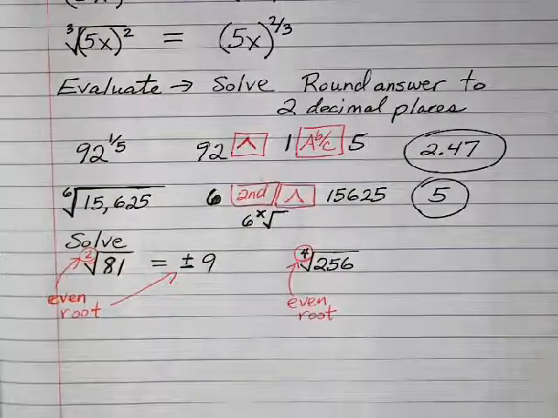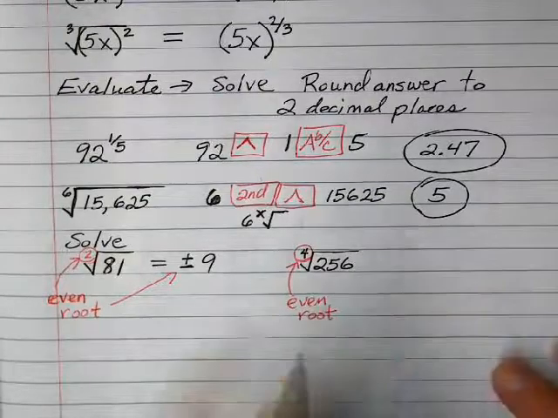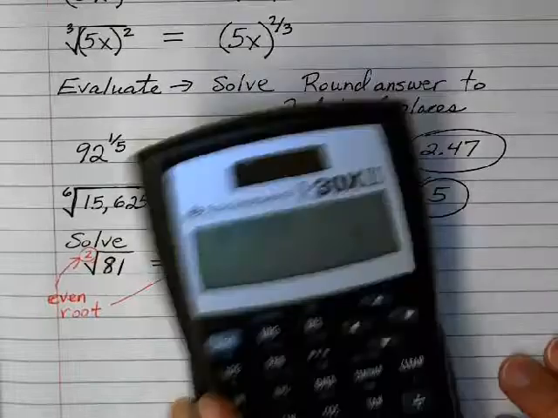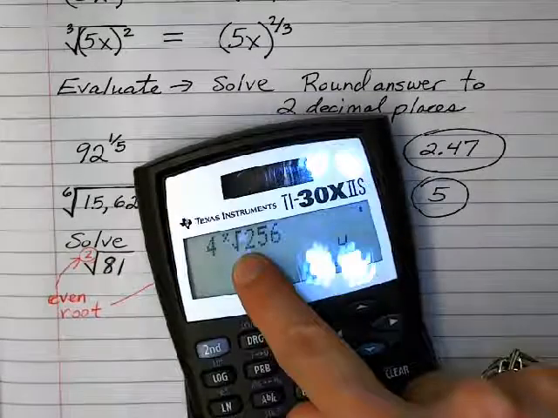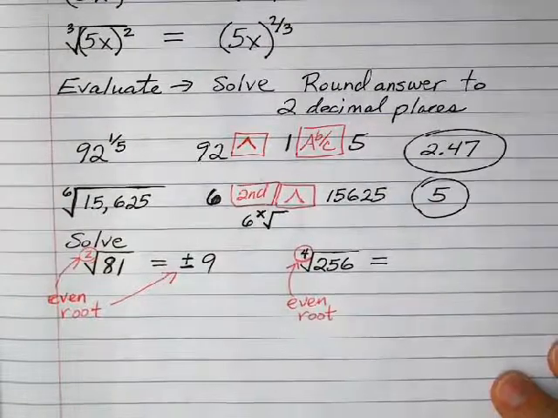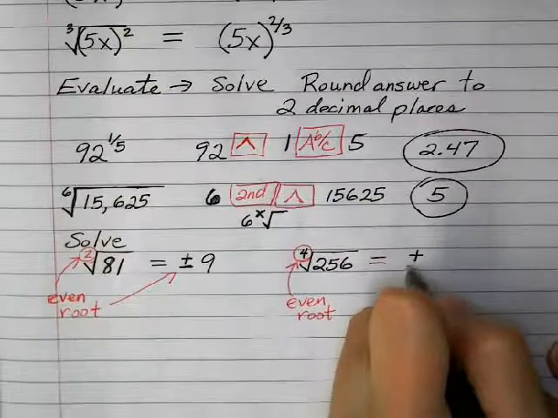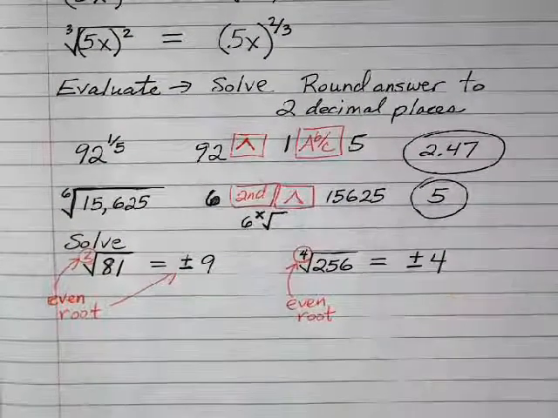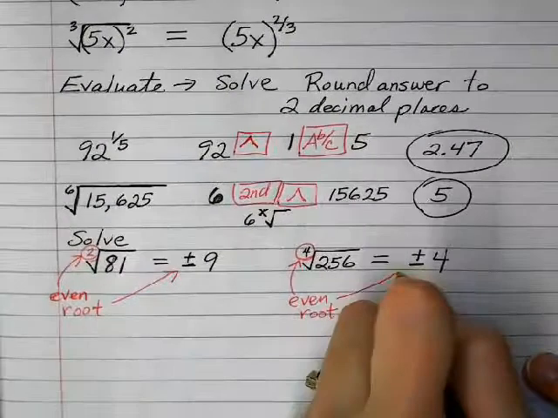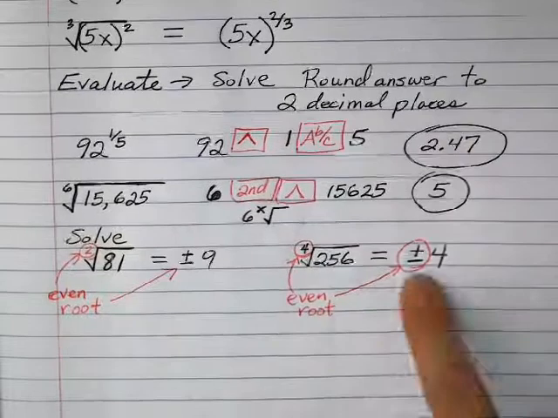You know what you get? Yep, it comes out to 4. But you're going to have to remember when you click the answers on your assignment to click plus and minus 4. One answer is positive 4 and one answer is negative 4. So when there's an even root, you're going to have to remember plus or minus.